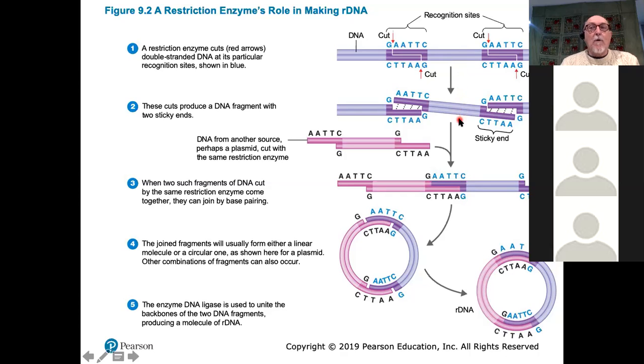We actually need quite a lot. The techniques that we use are not by any means 100% efficient. In fact, we sometimes need quite a lot of the DNA in order to be able to usefully manipulate it experimentally.